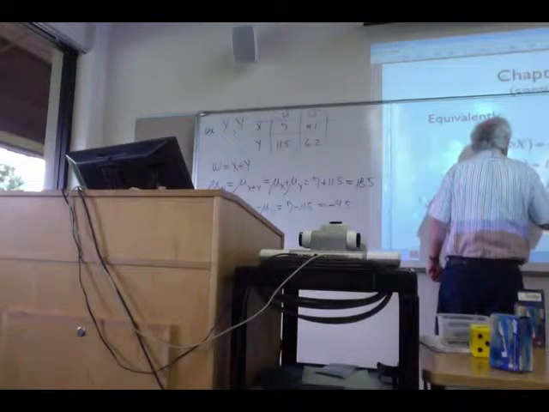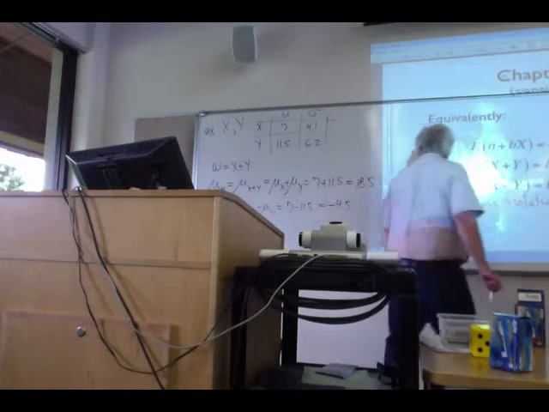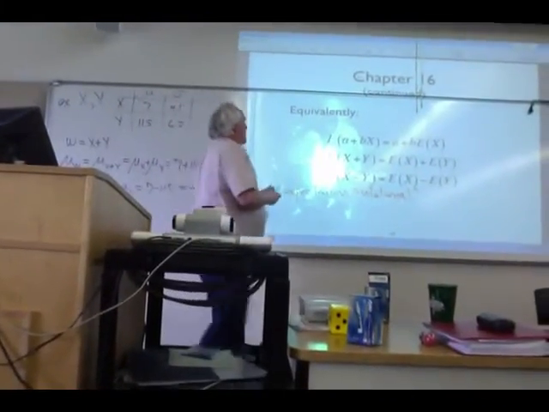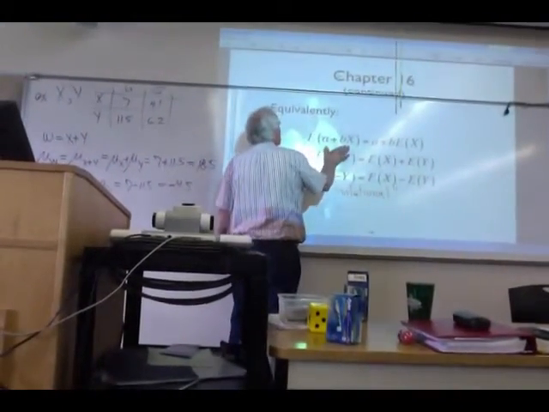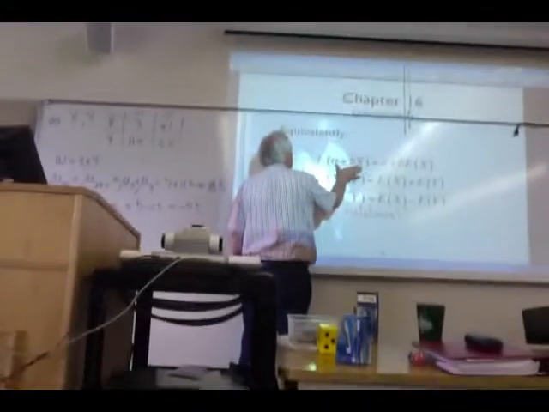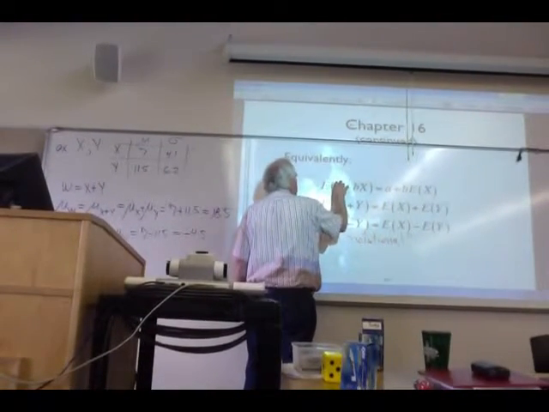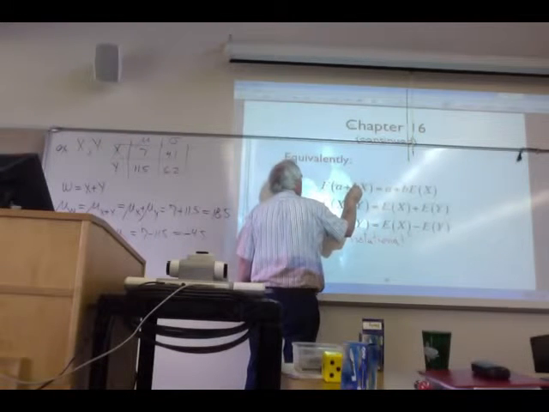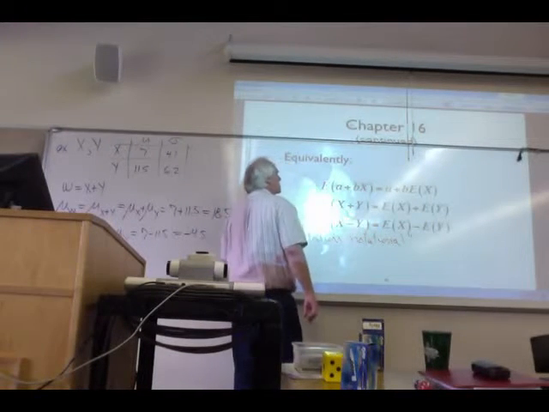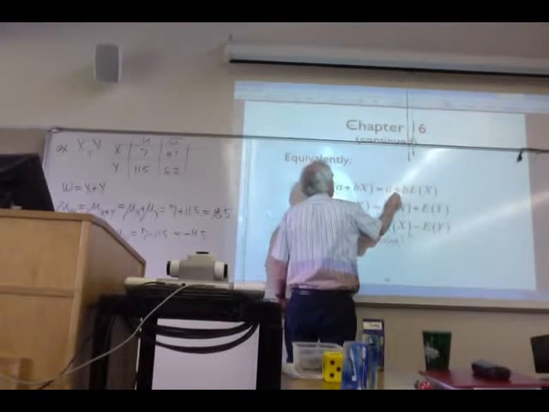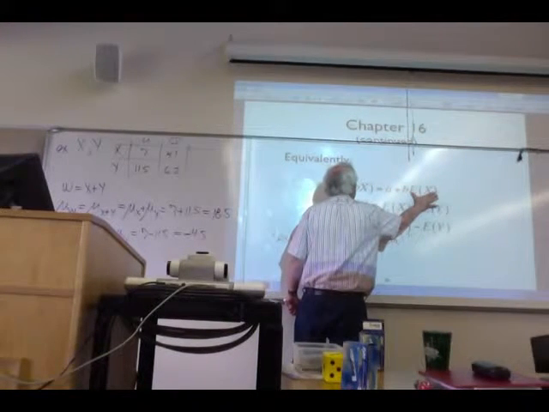It's the same set of rules, and the author uses both. The expected value of a sum of a constant a plus another constant b times x. That is the constant a plus b times the expected value of x.